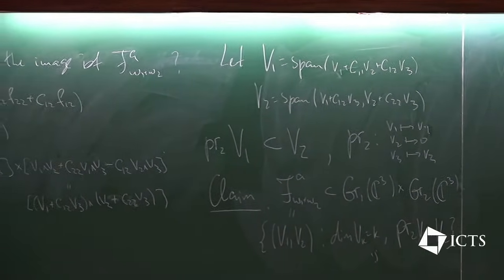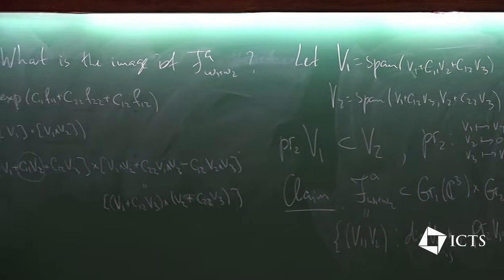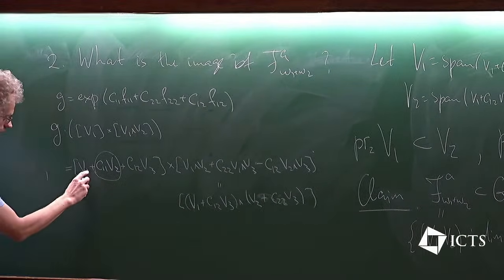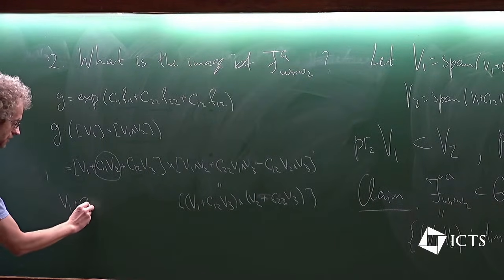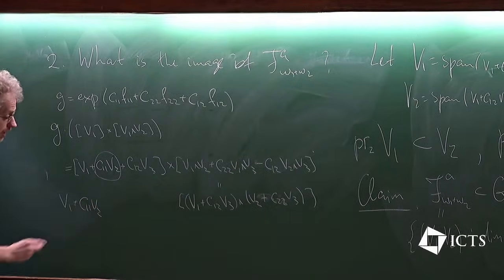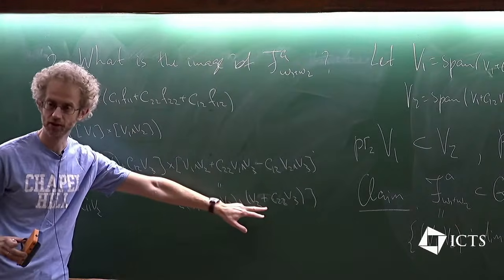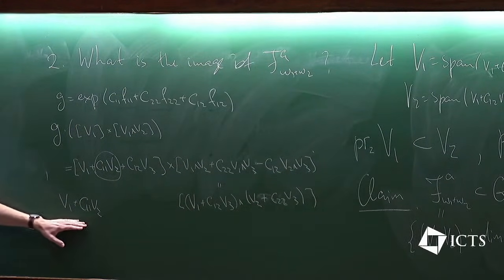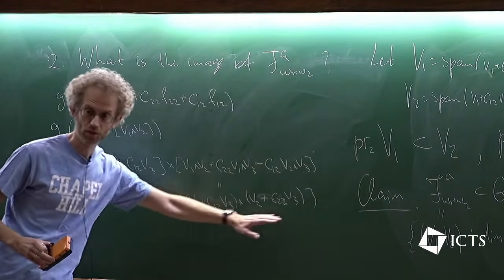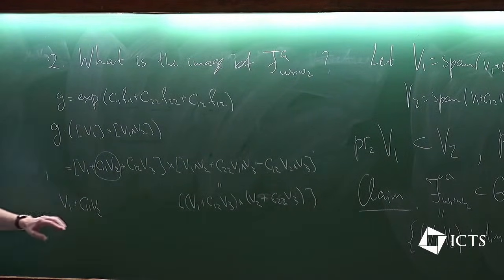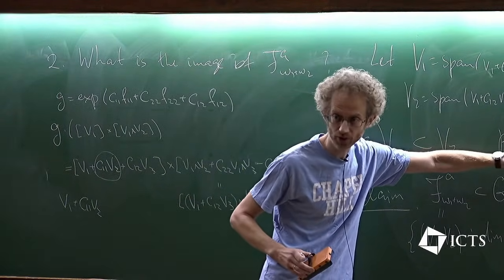So it's different. So if I understood correctly, you suggest to keep V1 plus C11 V2, right? But you see, this vector is not present here. Because if we want to write this guy as a linear combination of this and this, we need to, yeah. So this projection 2 just forgets about V2.